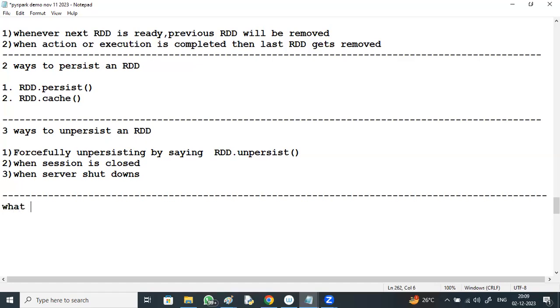What is lazy evaluation in PySpark? Can anyone say what is lazy evaluation in PySpark?